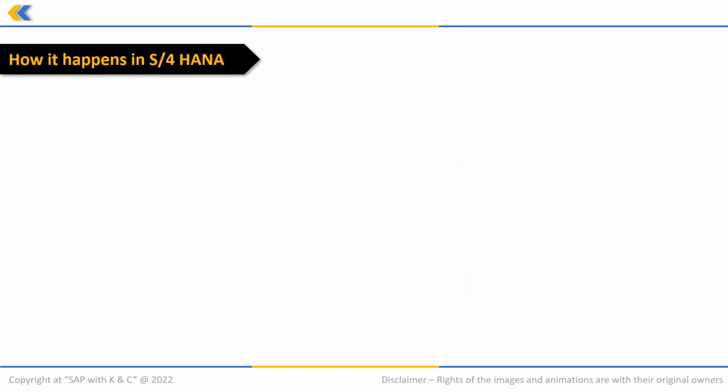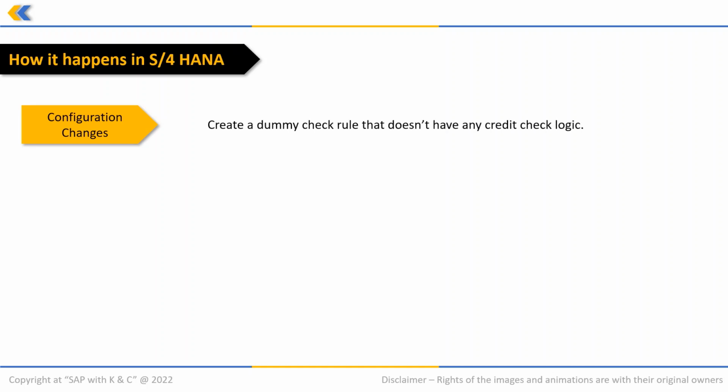Unfortunately, the T code FD32 is obsolete in S4 HANA, and since we follow the business partner approach for the customer master, any customer to whom you want to assign the credit limit must have the UKM000 business partner role activated. We will cover the complete credit management configuration and master data in another video. Now coming back to the topic, in S4 HANA, this will be done in two steps. The first step is a configuration change, where we will create a dummy check rule that does not have any credit check logic.